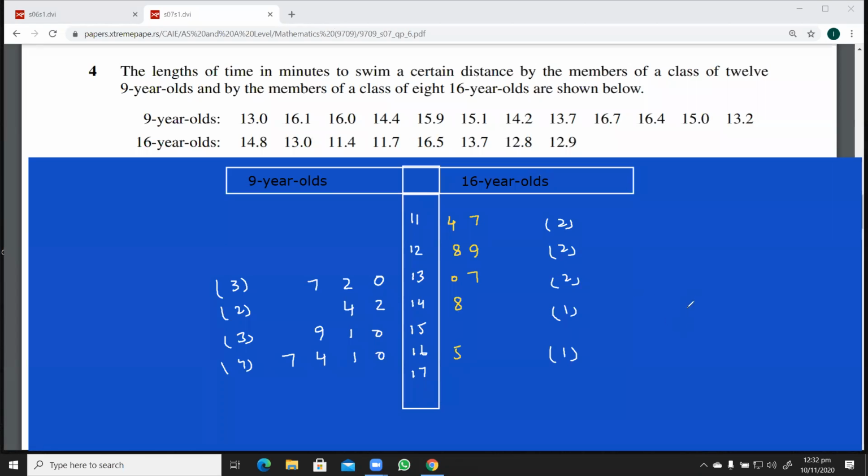This key is very important, and there are marks for this. So you should write this very clearly. You must say that, for example, this 14, and then I can put 2 here, I can put 8 here.